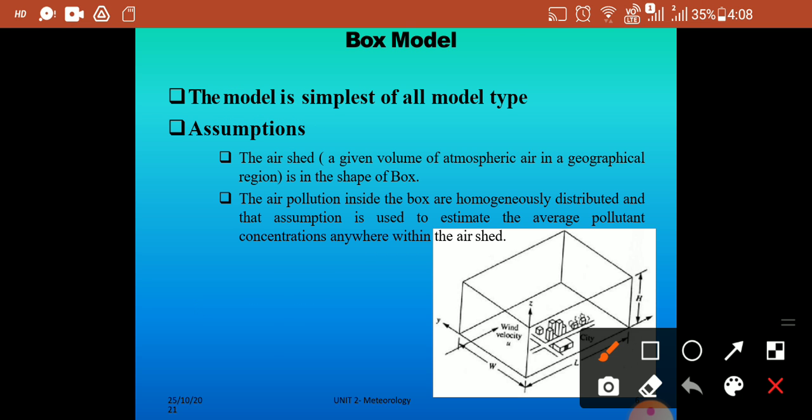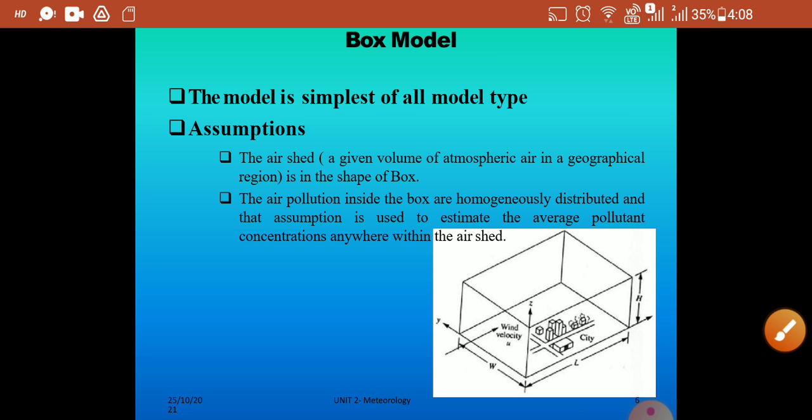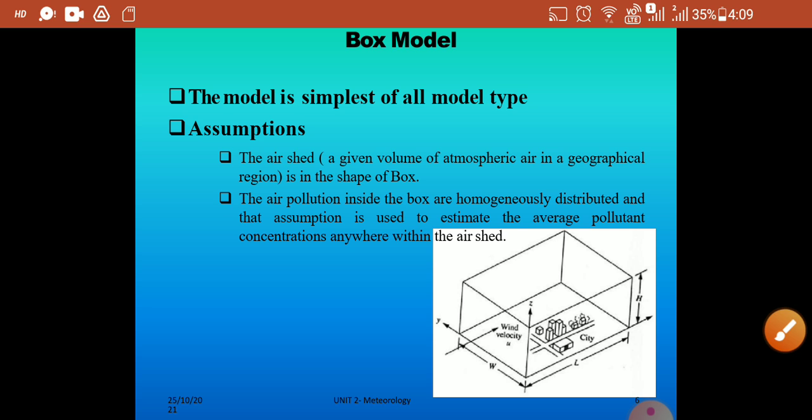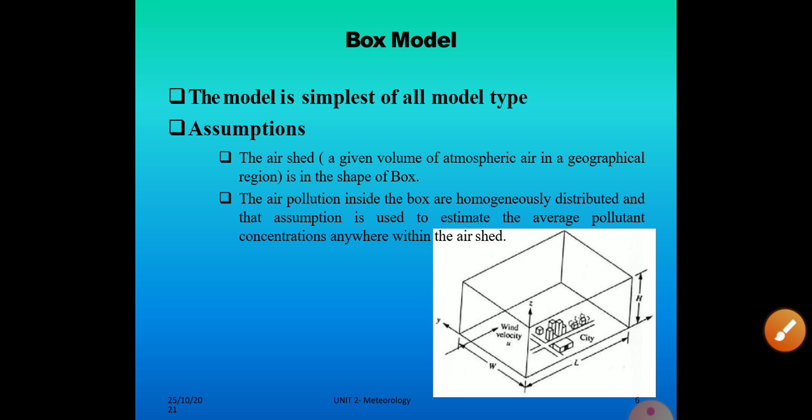The box model is actually the simplest of all model types. Here our assumption is, first, the air shed, that is a given volume of atmospheric air in a geographical region, is in the shape of a box. So it is called a box model.